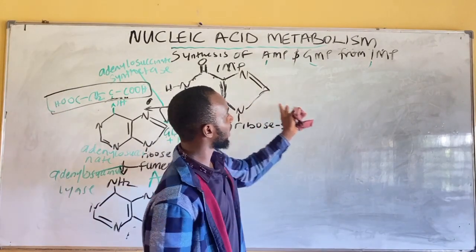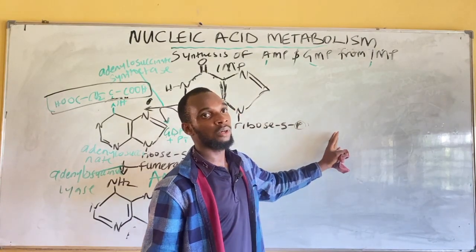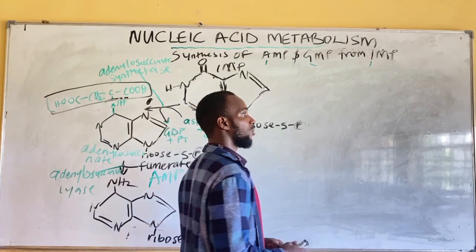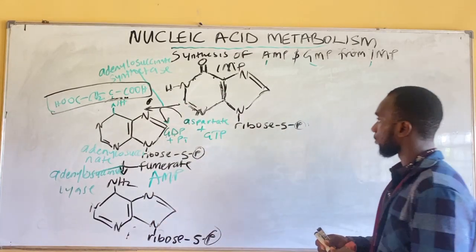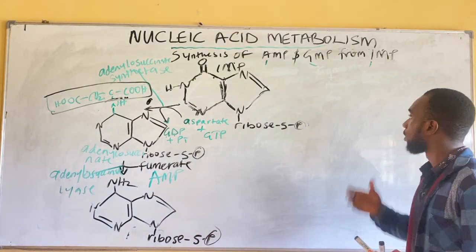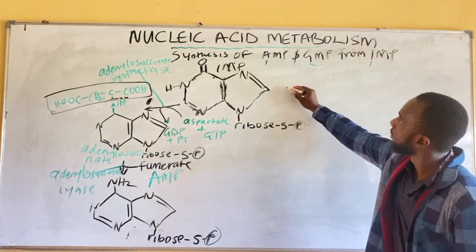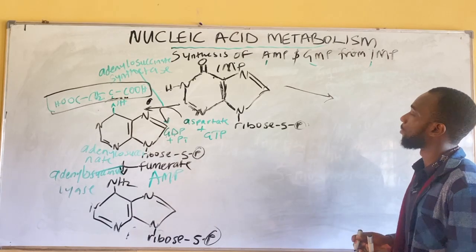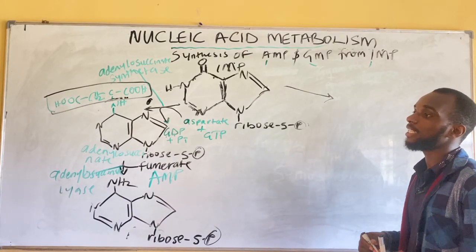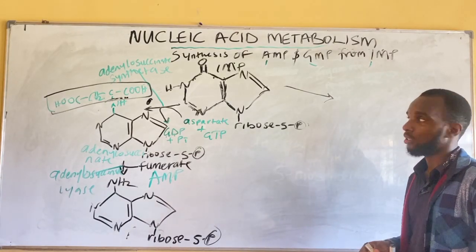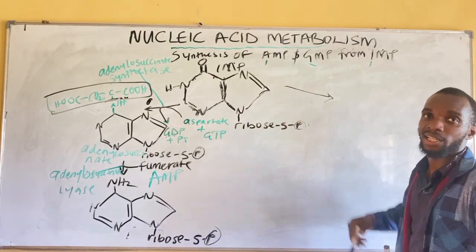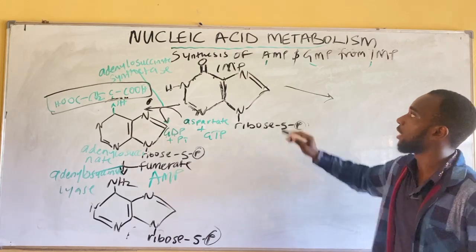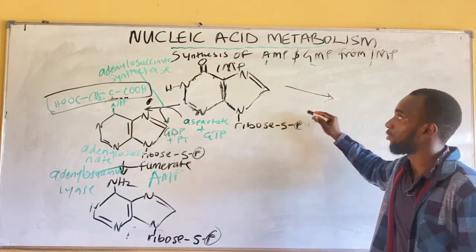Now let's look at this side. This is how GMP is formed. The first step in GMP formation is catalyzed by IMP dehydrogenase, inosine monophosphate dehydrogenase.